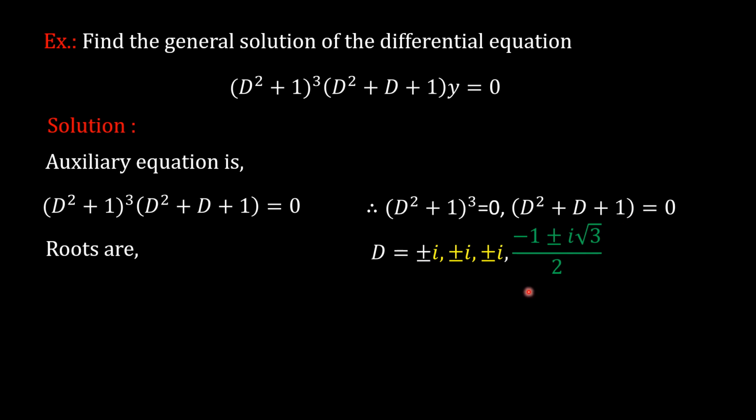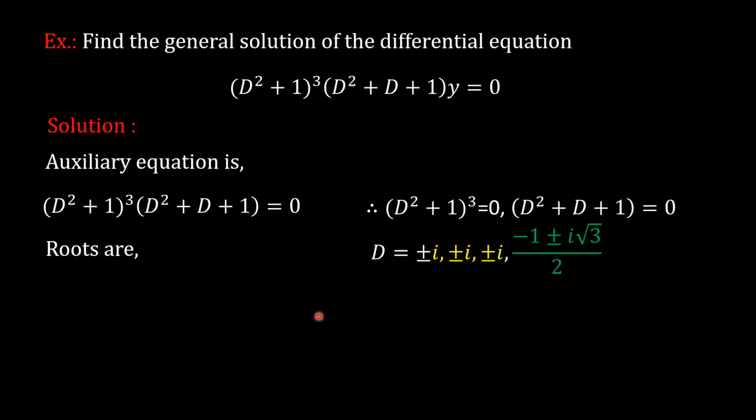So there are total 8 roots, out of which i is repeated 3 times and minus i is repeated 3 times. There are two more complex roots which are distinct: minus 1 plus i root 3 upon 2 and minus 1 minus i root 3 upon 2.